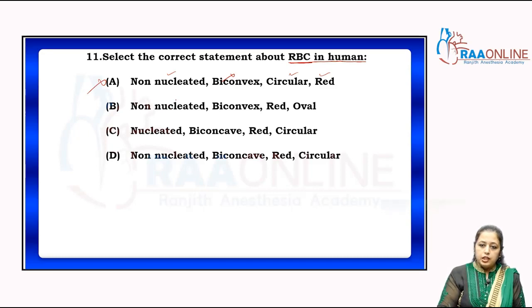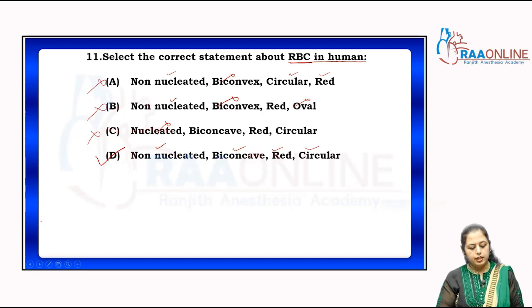Non-nucleated, biconvex again, so that option is also cancelled. Nucleated, biconcave: that option is also wrong because human RBCs are non-nucleated. Non-nucleated, biconcave, red, circular, right? So the answer is D. Clear?